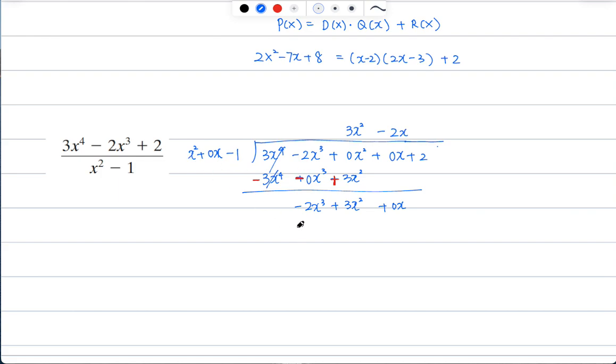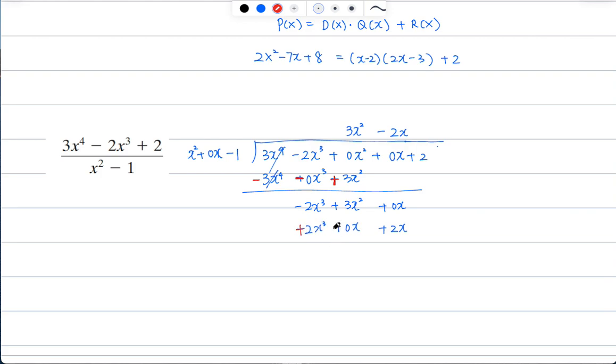Multiply by x squared, then negative 2x cubed, and plus 0x. Negative 1 times negative 2x is going to be plus 2x. I'm going to do subtraction, making sure I apply the negative sign to the terms on the bottom. So the original negative x cubed, I put a positive sign.